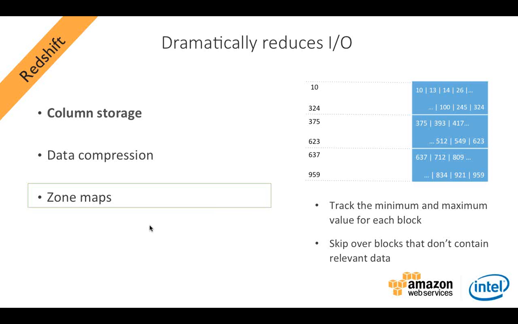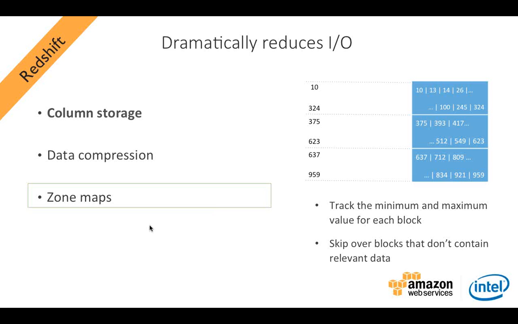So what happens at query time is, if the user has asked a query that has a where clause that says give me some rows where this column equals 25, then instead of going to the block, we can look at the zone map to see whether the value 25 falls between the minimum and maximum for this block. If it does, we'll read the block and pull out the values.